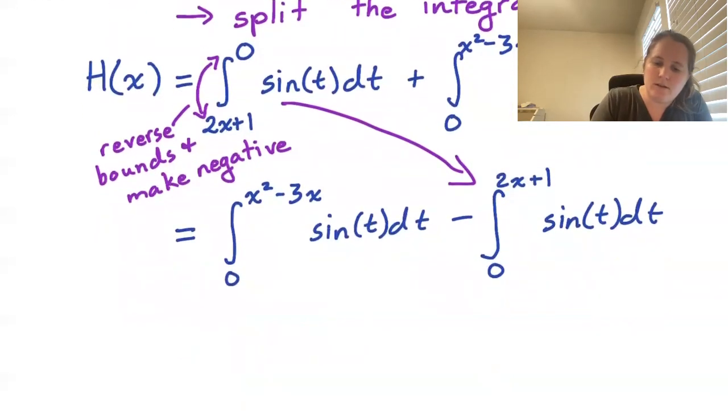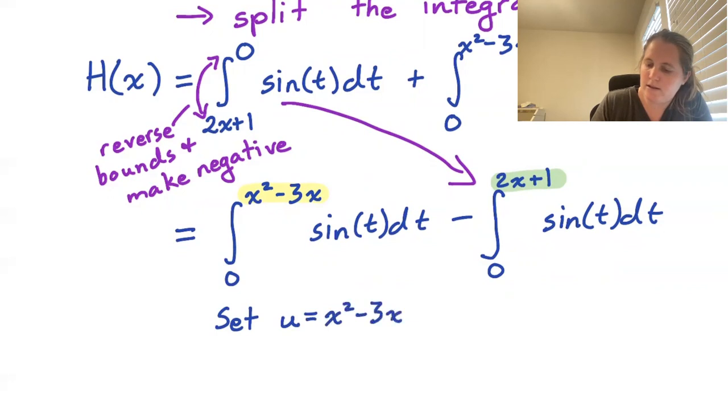At this point, we can have two different functions in our upper bound. So for this first one, we'll go ahead and set u equal to x squared minus 3x, and we'll set v equal to 2x plus 1.